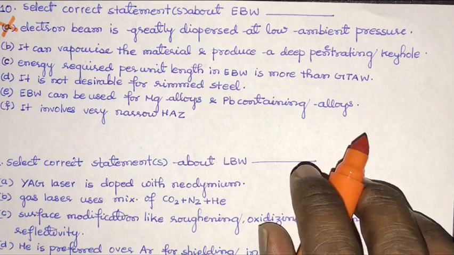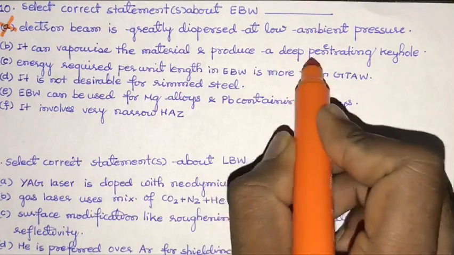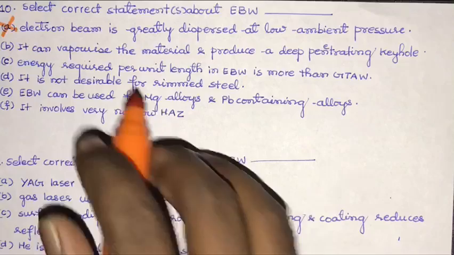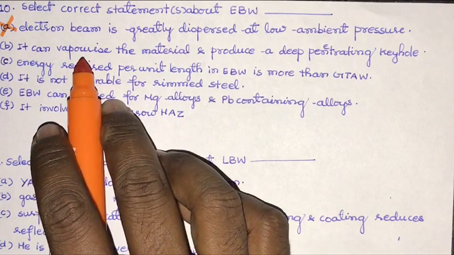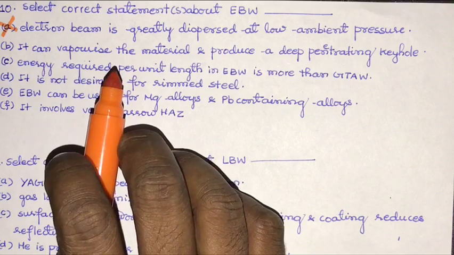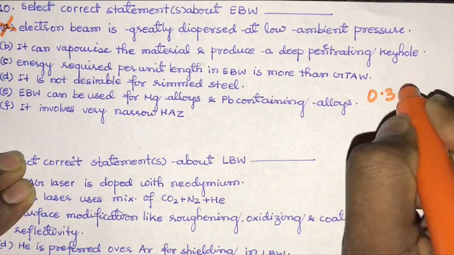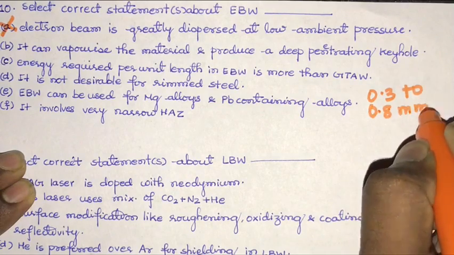Coming to the next, it can vaporize the metal and produce a deep penetrating keyhole. Okay, as we know, the electron beam can be focused to a very small diameter, that is 0.3 to 0.8 millimeter.